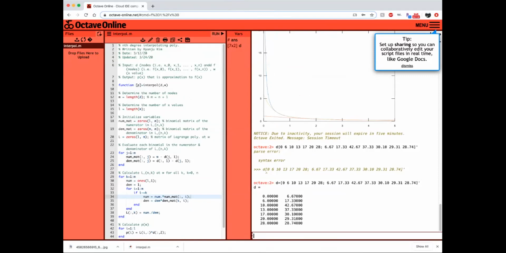This D has the information of the nodes and each of their function values.